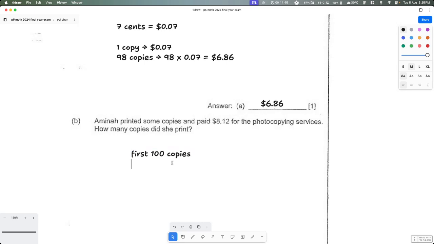It's not 98, but 100 multiplied by 0.07, which is equal to $7. So the remaining is $8.12 minus $7, which is equal to $1.12.